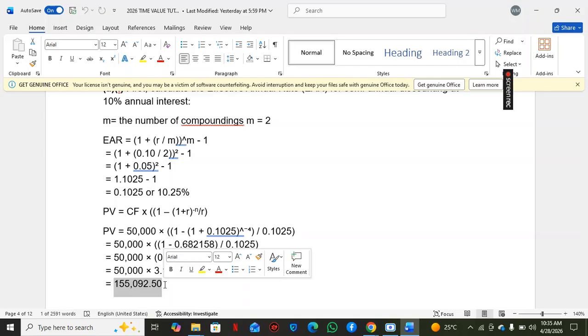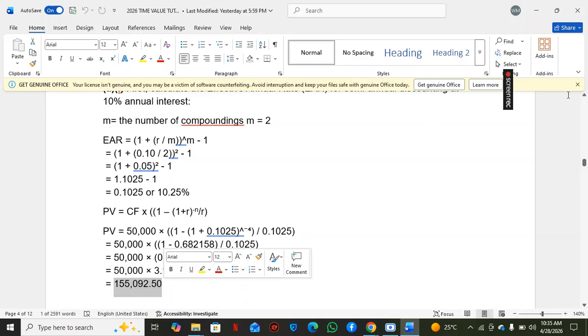So that's what you should look for in some of the questions. You have to make sure payment periods and the discount periods are equal, or sometimes payment period and the compounding period should be equal. Other times they'll use the word compound. So you have to make sure that they are equal.